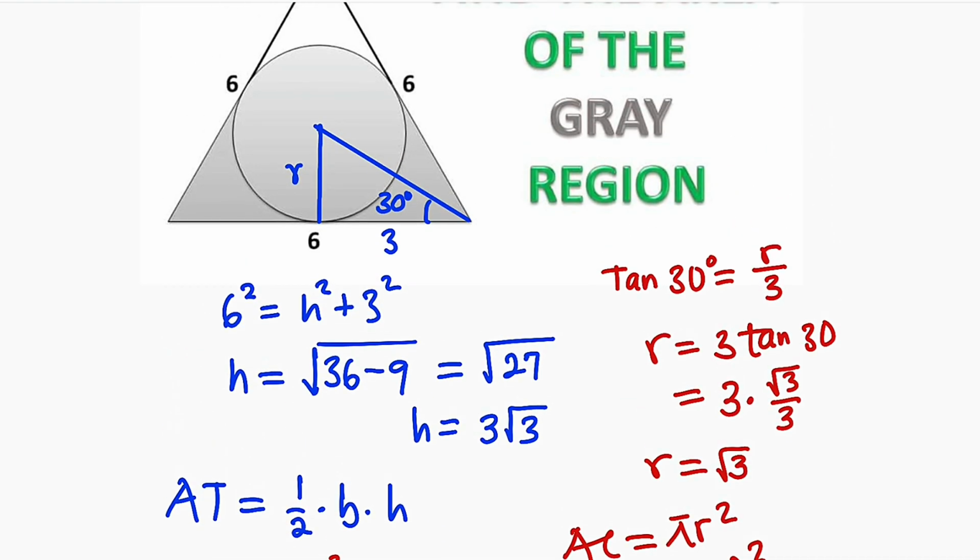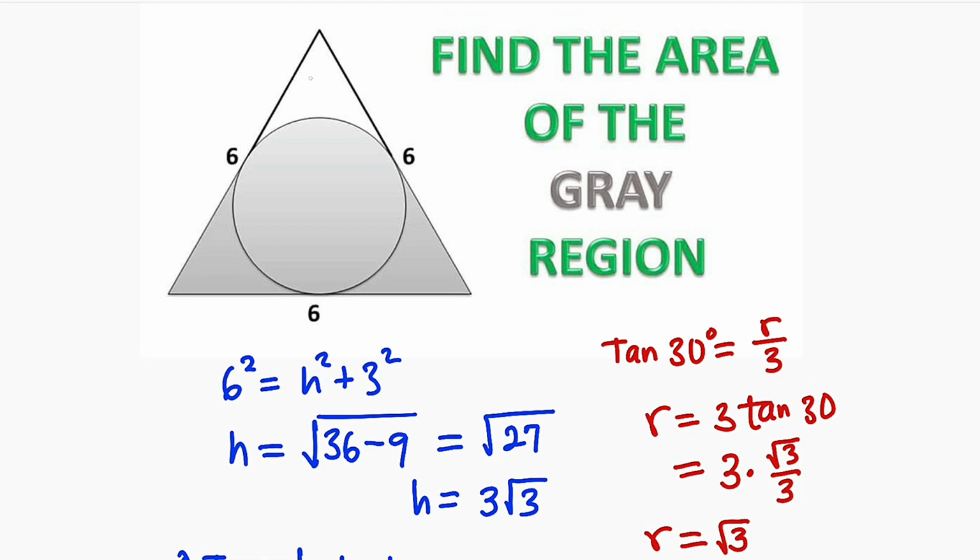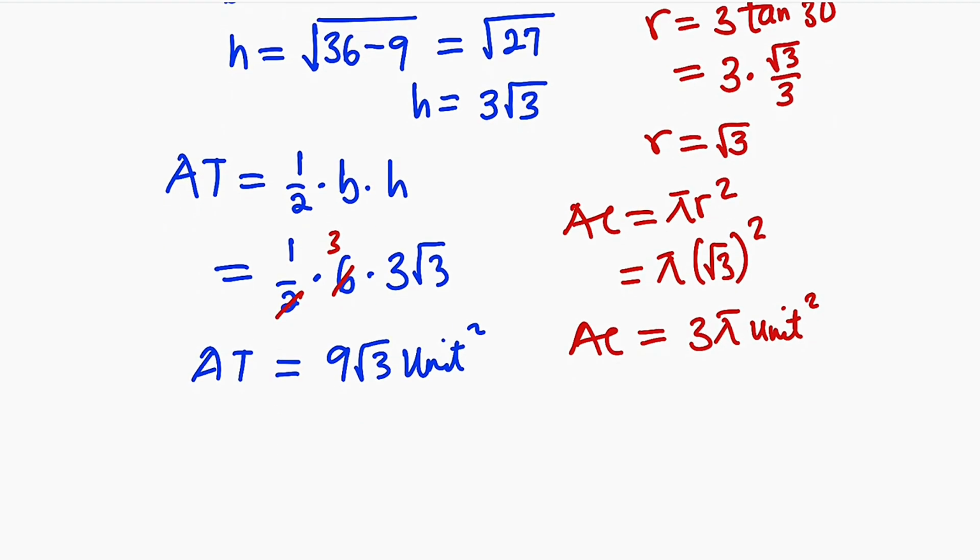Remember that our main target is on these 3 regions. So we can now subtract the area of the circle from the area of the triangle to find the area of these 3 regions. So let me label this as A1, A2, A3. And generally, we call them A, and A is the summation of A1, A2, and A3.